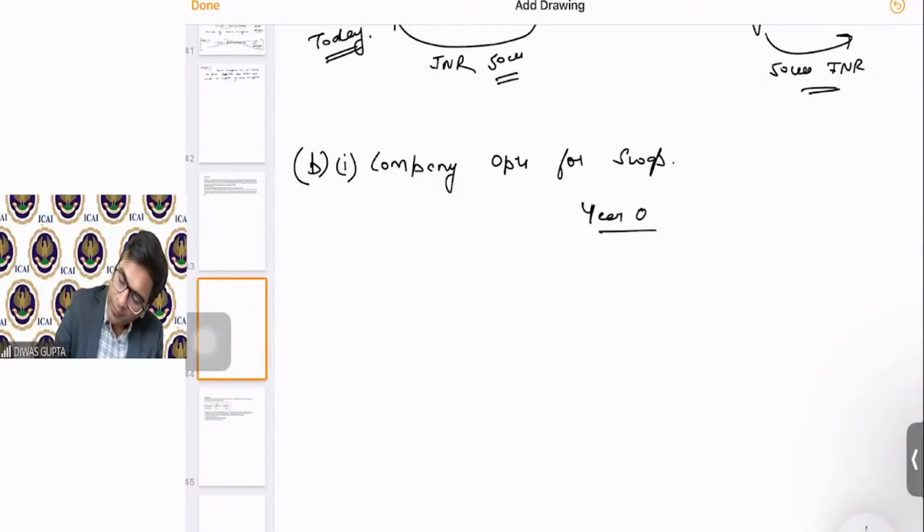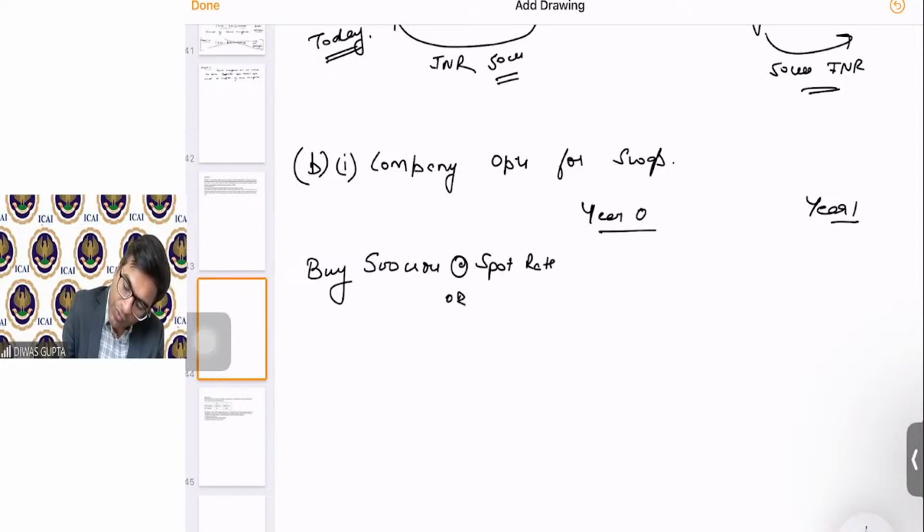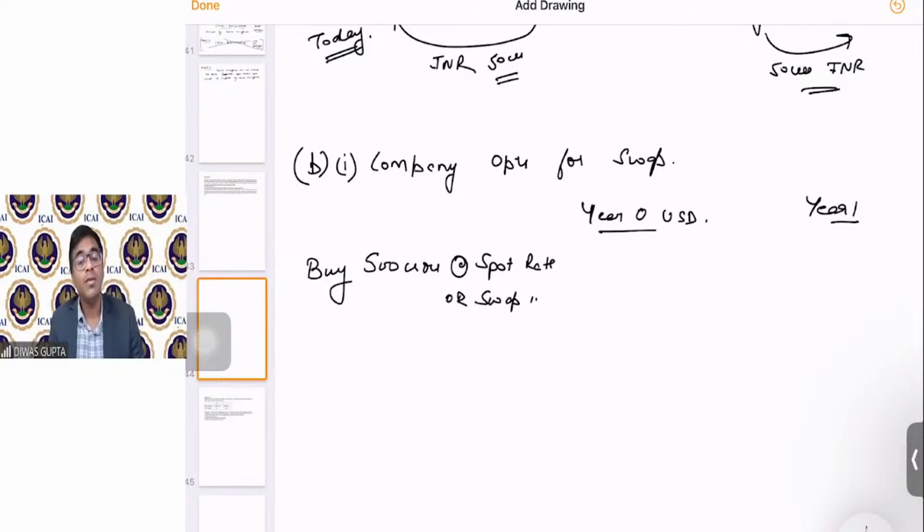So what will happen? Year 0, year 1. Buy 500 crores at spot rate, or let's say swap rate, because spot rate and swap rate are the same in this case. So let's do all the calculations in USD terms, because this company is based out of US.